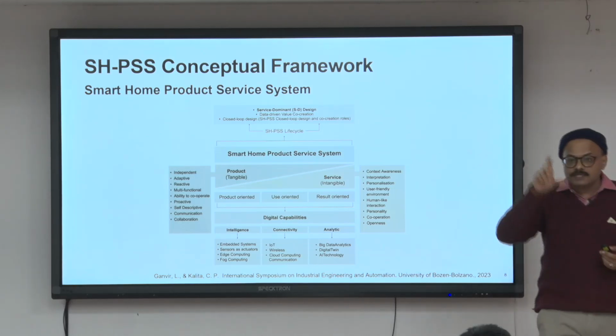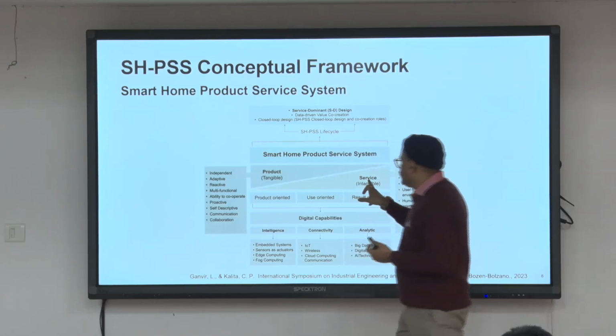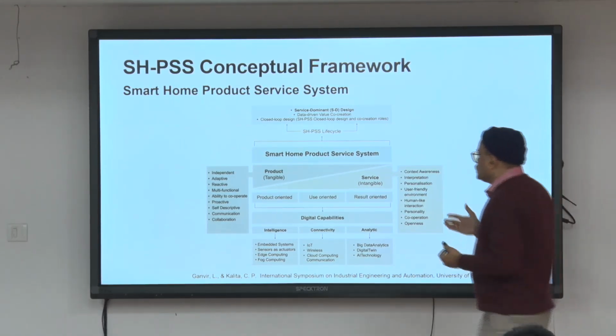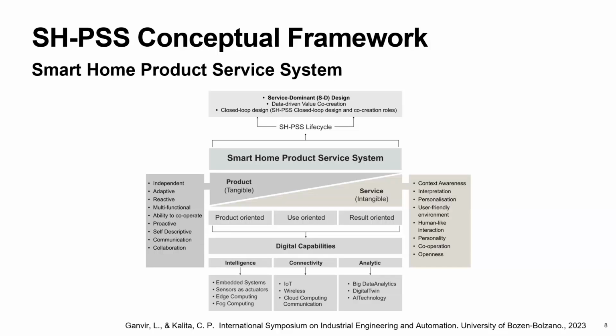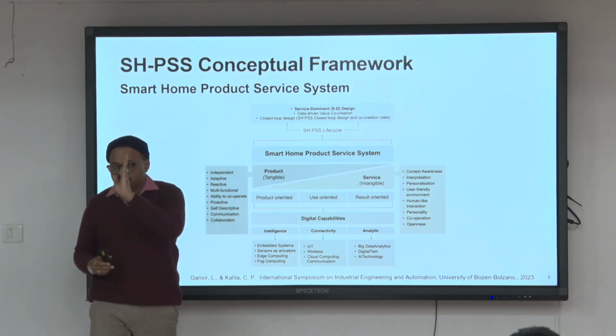So these are the service factors that we have identified in the context of smart home, right. We have very clearly identified what are the product attributes, which are tangible, and what are the service attributes, which are intangible, right.